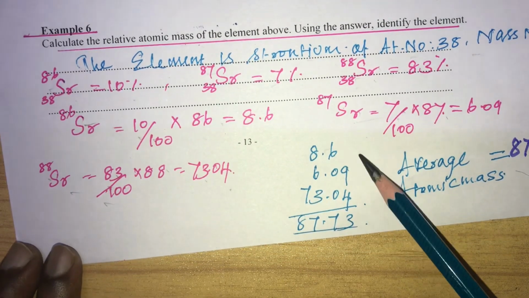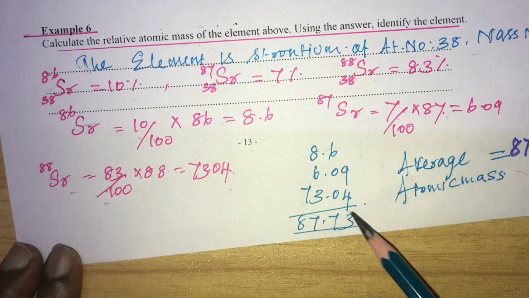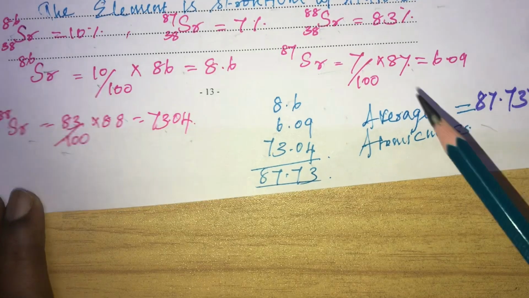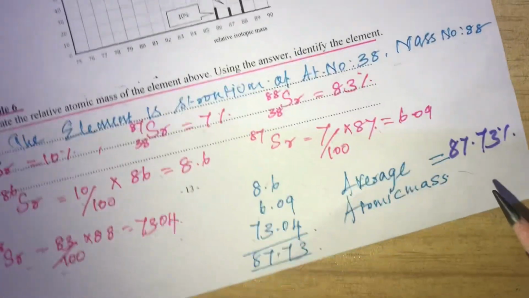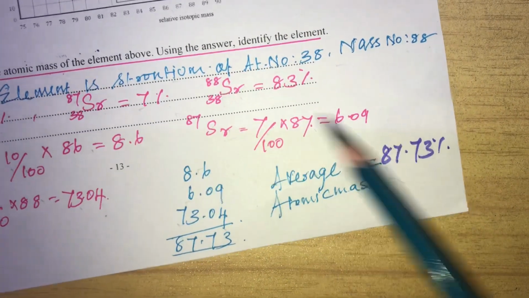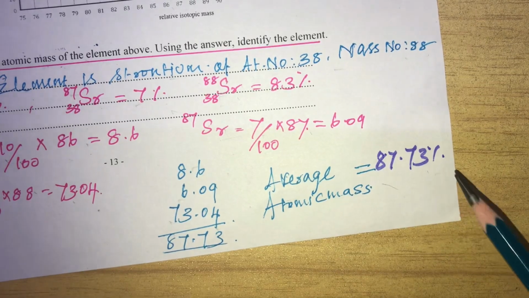According to that, the values are 8.6, 6.9 and 73.0, and according to the spectral studies, the strontium isotope average atomic mass is 87.73.